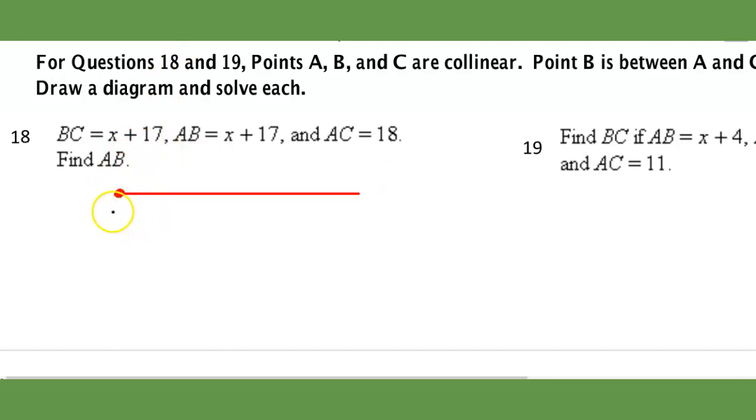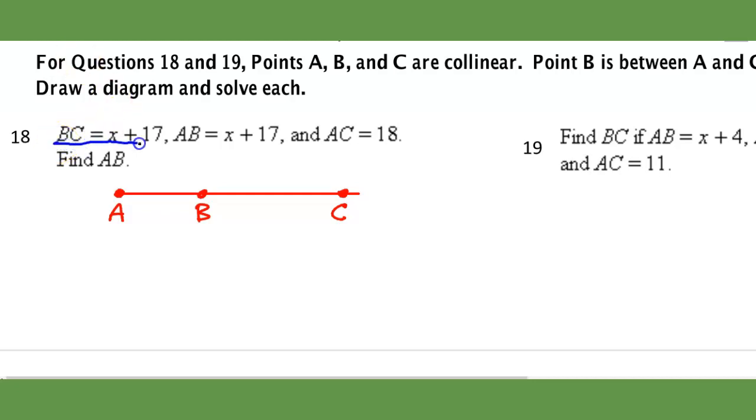And so we know that A and C, and B is someplace randomly between the two. We don't know if this is an accurate diagram. B could be way over here, and AB could be very big, and BC could be very small, but we don't know yet. So we're going to have to just draw a rough diagram right now.